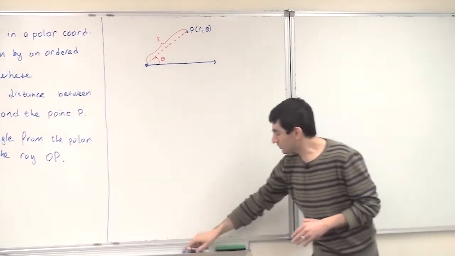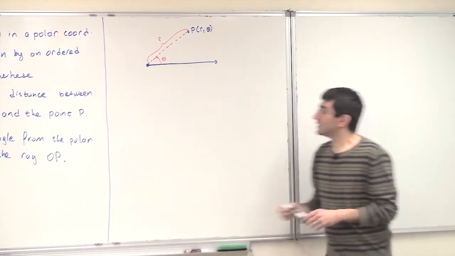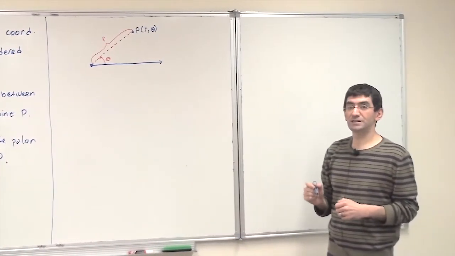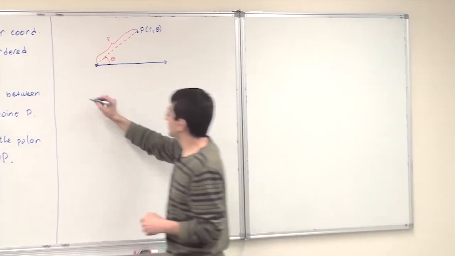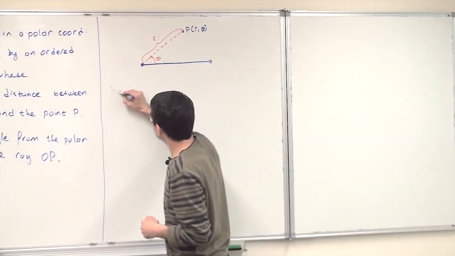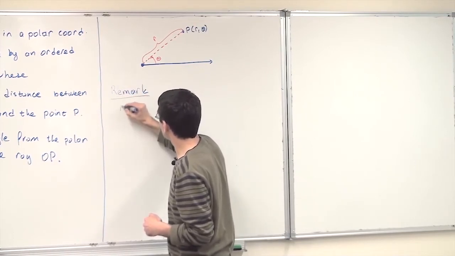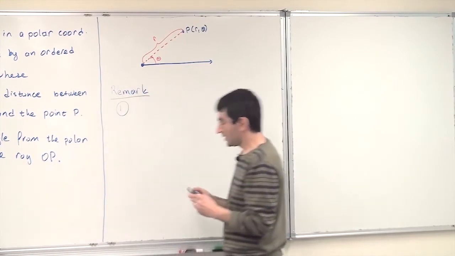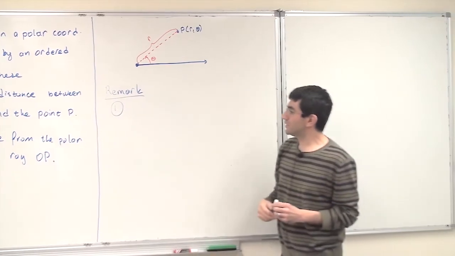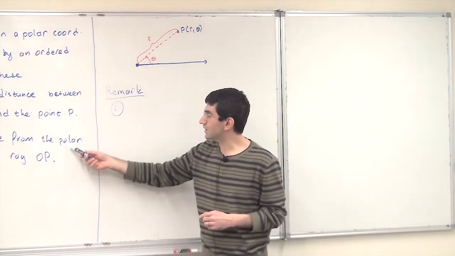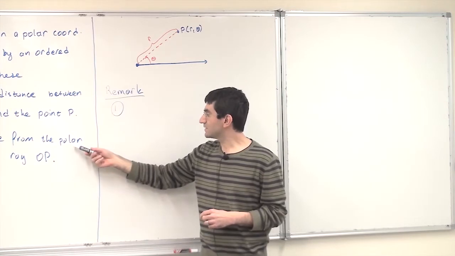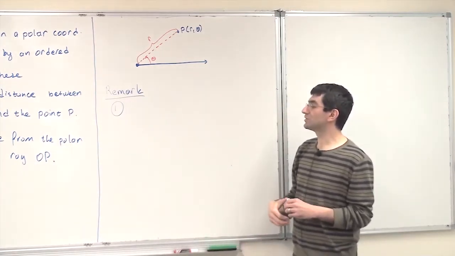Okay, before we do some examples related to polar coordinates, let me do the following remarks. First of all, the first remark is about theta. Theta is the angle from the polar axis to the ray OP.